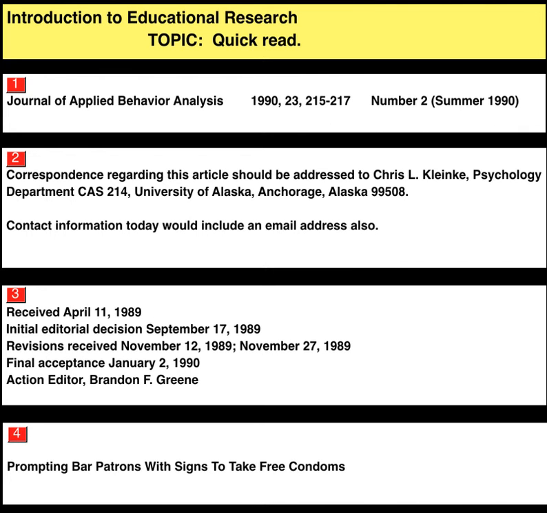Now let's take a look at box number 3. This is telling us that the article was received for publication on April 11th, 1989, and then it would have been sent to several experts in the field to be read blind.